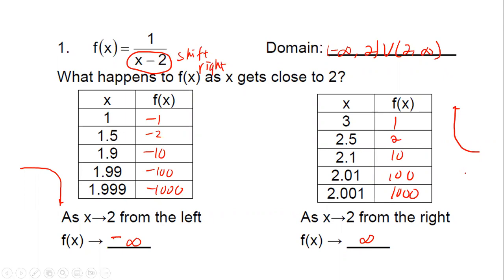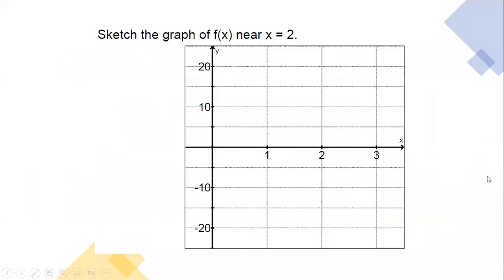Okay, so now we're going to put it together. So on the bottom, we're going to create a graph of 1 over x minus 2. Okay? So creating our graph is this sketch f of x near x equals 2. So the first thing we have is that there's some type of boundary, right?